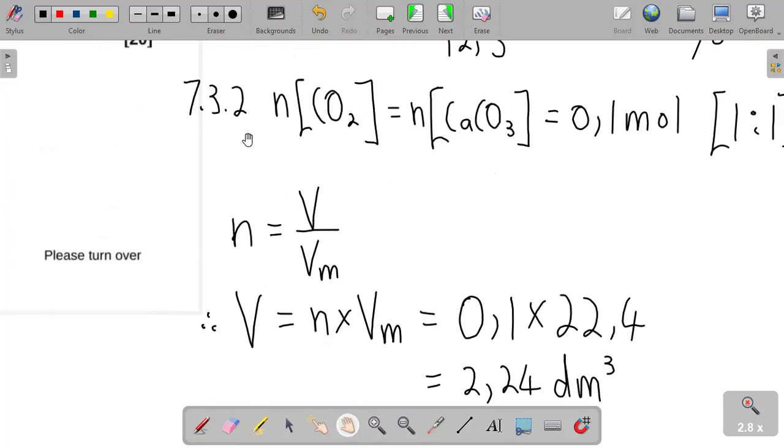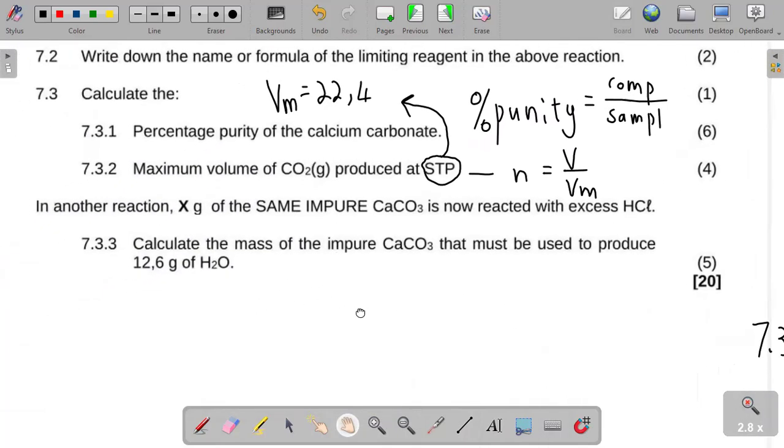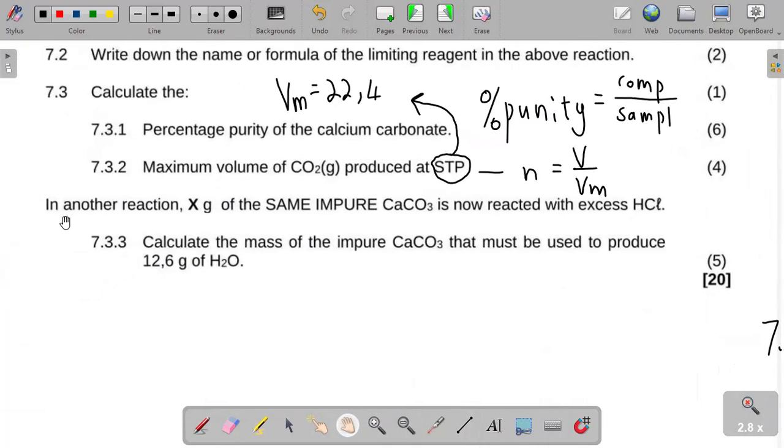So, okay, let us go to 7.3.3. They say what? In another reaction, X grams of the same impure calcium carbonate is now reacted with excess HCl.